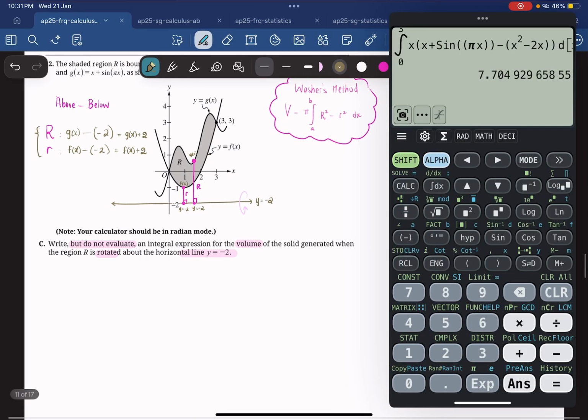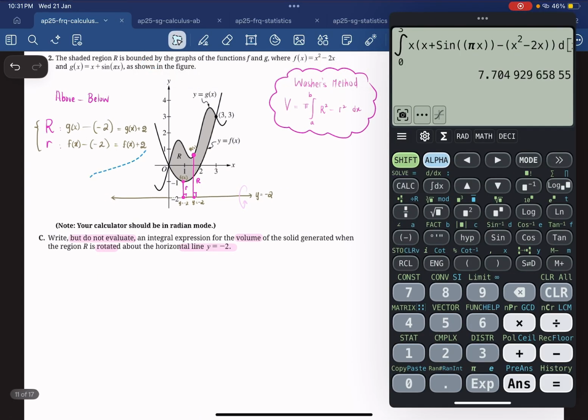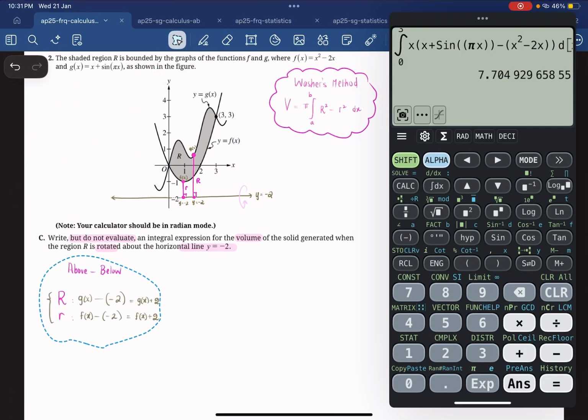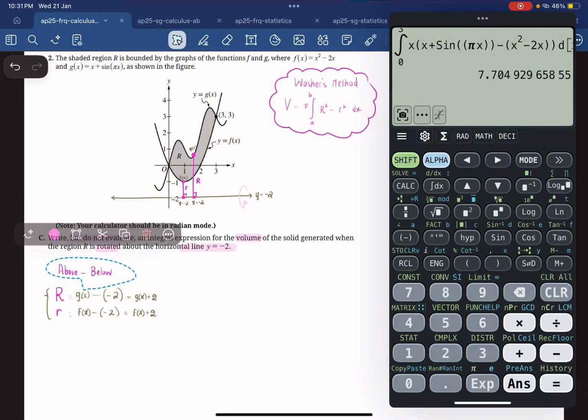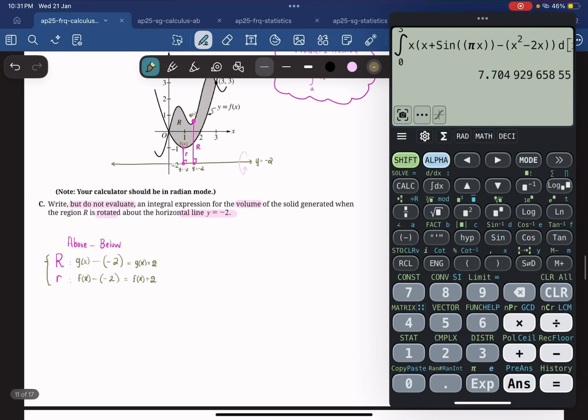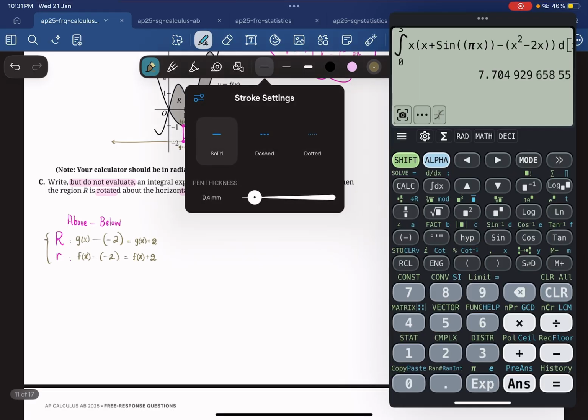Okay, let's move those down here because we're solving a question. So we found the radii and an expression for the volume without actually calculating.